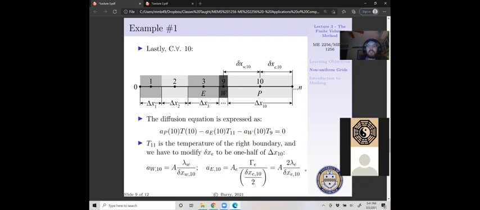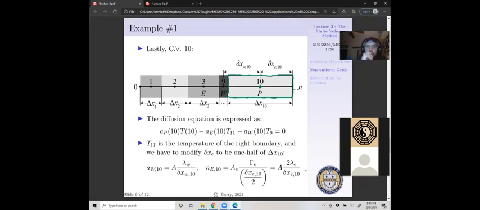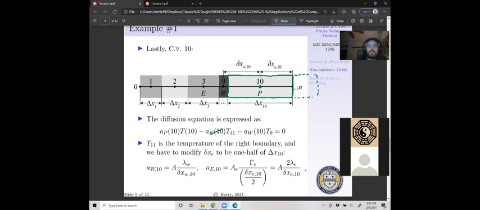Now, our diffusion equation, since we are focusing on our 10th control volume, is we're going to take AP T10, where T10 is our conserved quantity at the center of the cell. In this situation, it is temperature, minus A east T11. Now, there is no A east T11.